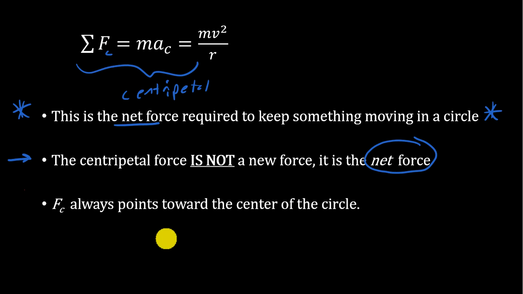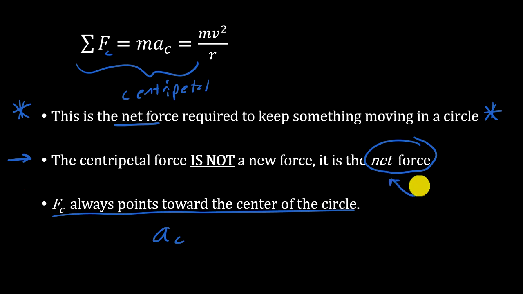And because we saw that the centripetal acceleration always points toward the center of the circle, by Newton's second law the net centripetal force always points toward the center of the circle. We always know what direction it's going to act. If something is moving in a circle, there must be a centripetal force, the net force, and it must be acting toward the center of the circle.